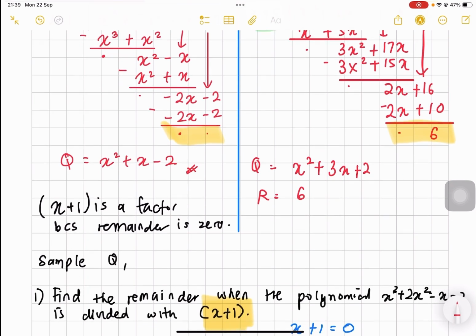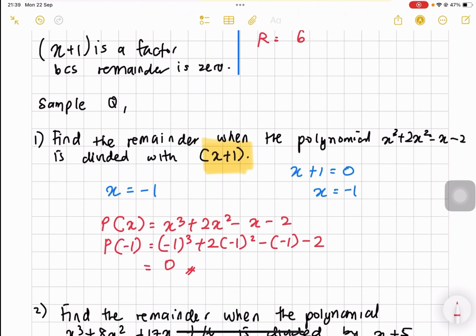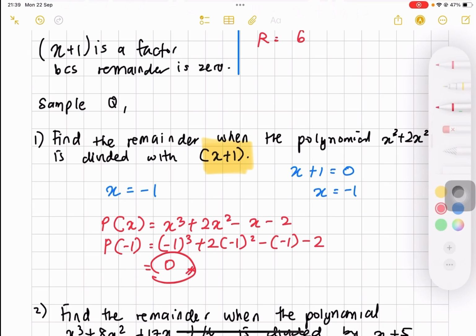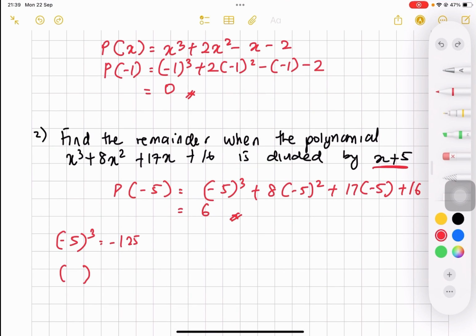And then the factor and remainder theorem says that if you plug in x equals negative 1 and it's a factor, you're going to get 0. If after you substitute the value of x you get some other value, then you can say that the divider is not a factor.